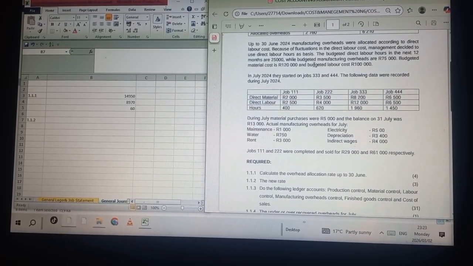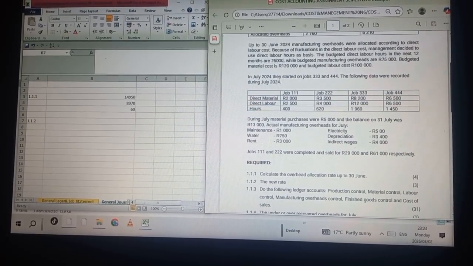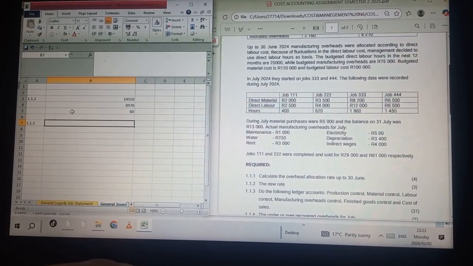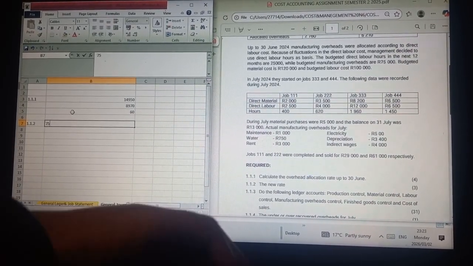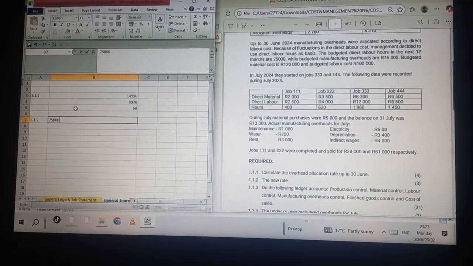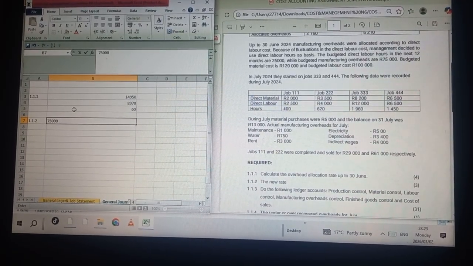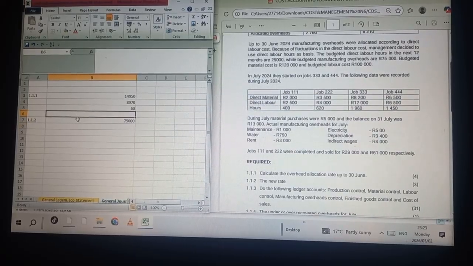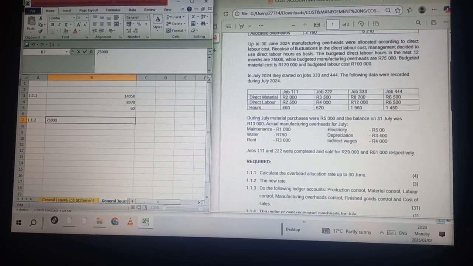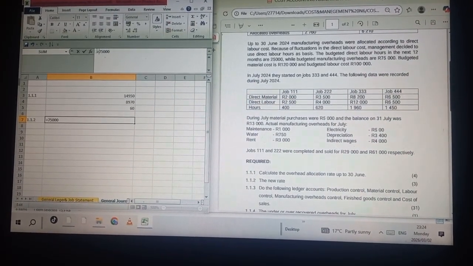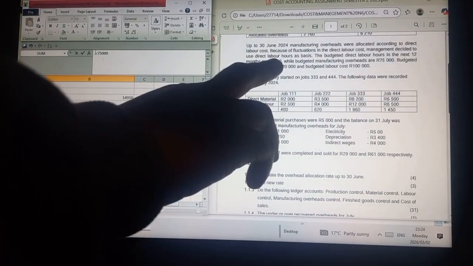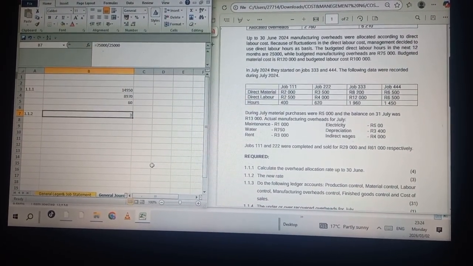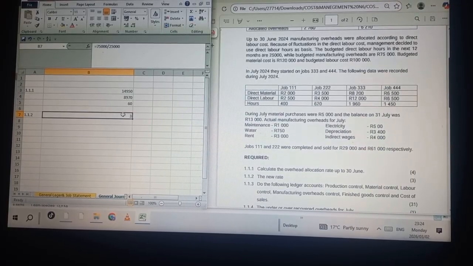While budgeted manufacturing overheads are 75,000, we'll say 75,000. You divide it with budgeted hours, which is 25,000. Then you get a new rate, which is 3 rand.